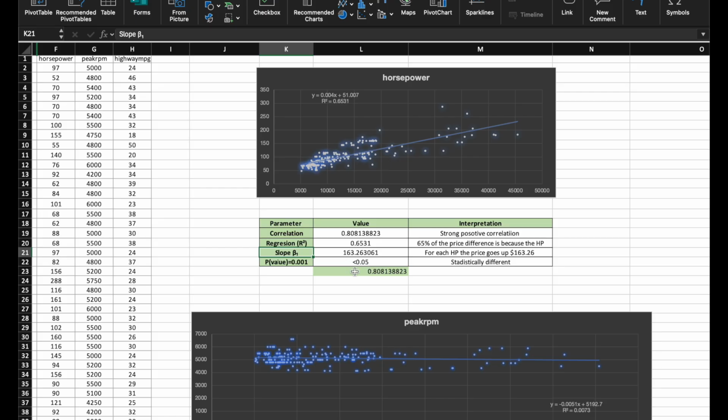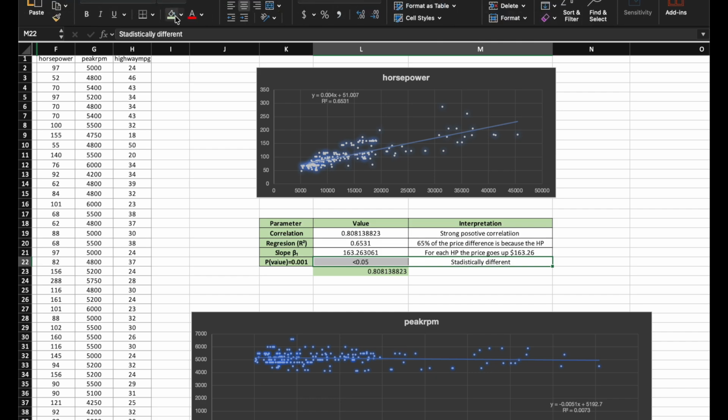And to see the real or statistical difference, the p-value, that is 0.01, is below 0.05. So basically this model is statistically significant.